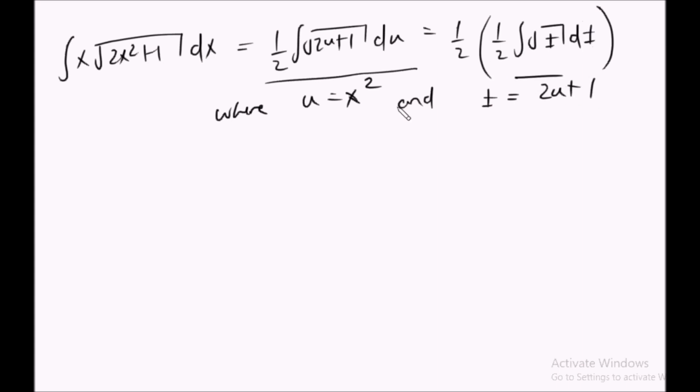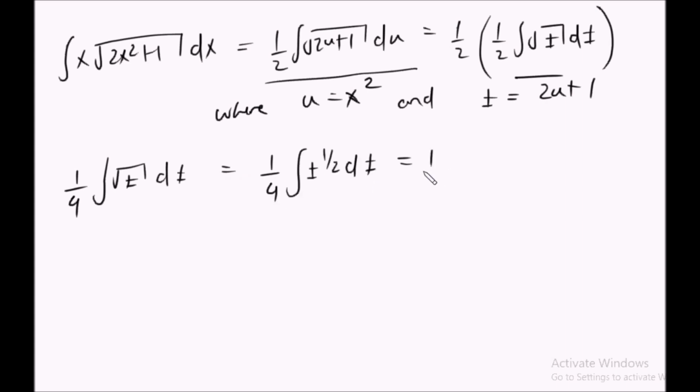So I want to solve this one. 1 over 2 times 1 over 2 is 1 over 4, and we have the square root of t dt. The square root of t is t power half dt. So it's just going to be 1 over 4 times t power half plus 1 over half plus 1, plus c.